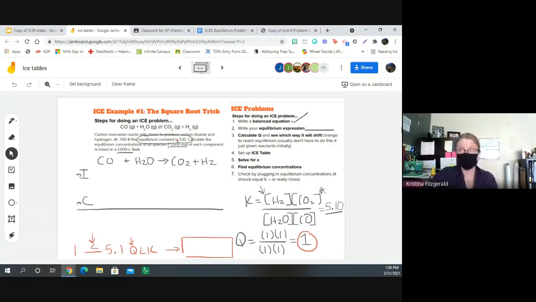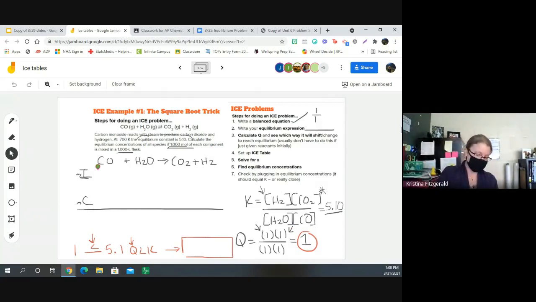The other thing we know is right now how much of each thing we have, or initially how much of each thing we have. So this one's an easy one just to get us warmed up here, but we have 1 mole of each thing in 1 liter. So since concentration is moles over liters, everything is 1/1. So all of my concentrations that I'm plugging in initially are going to have a concentration of 1.